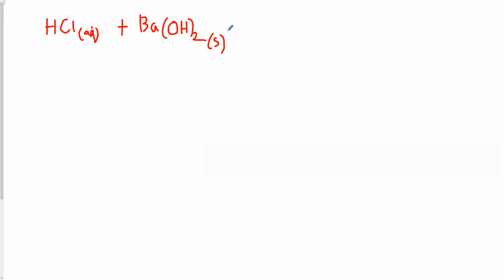Let's say that it's going to be aqueous. And again, in certain conditions, you can get barium hydroxide solution. You got to heat it up quite a bit. But anyways, you're going to get H2O. Why? It's an acid giving an H and a base giving an OH.